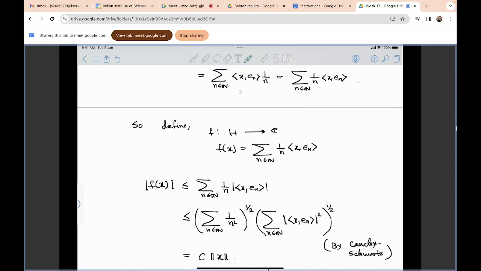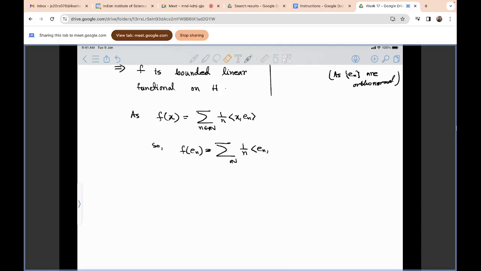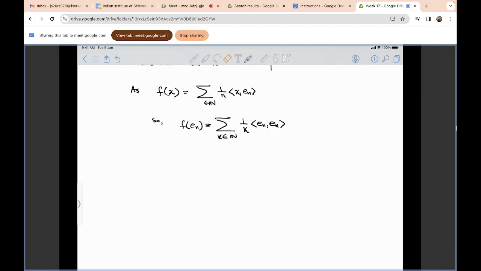And what is f of e_n? If you put e_n here, as f of x is given by the summation over n belongs to N of 1 by n times the inner product of x and e_n, f of e_n will be the summation over k of 1 by k times the inner product of e_n and e_k.